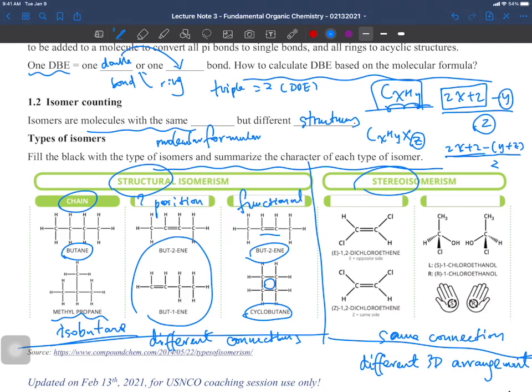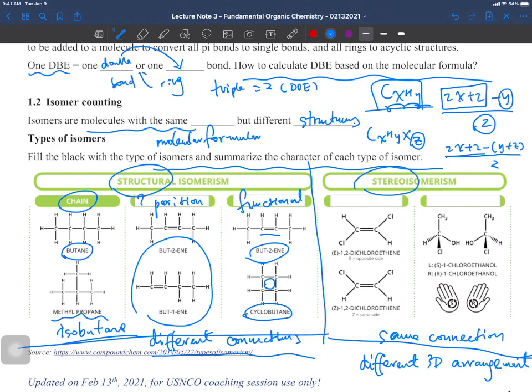For example, an alcohol and an ether with the same number of carbons can be called functional isomers, right? So all of those three have different structures, different connections. This is why they are called structural isomers.